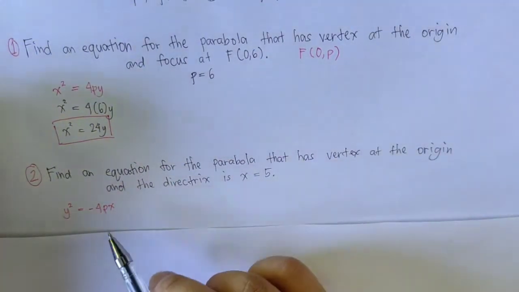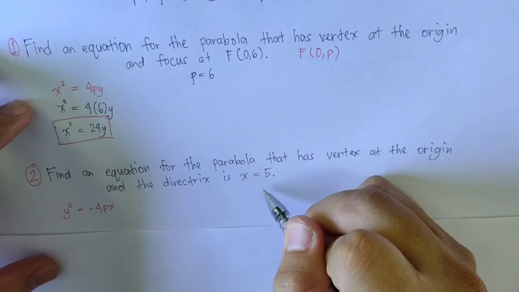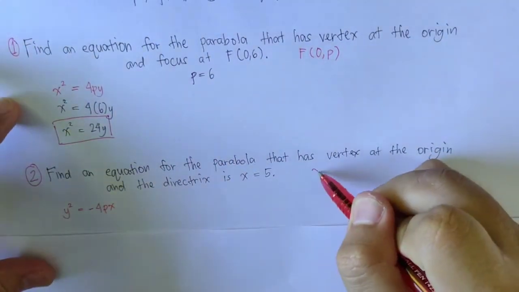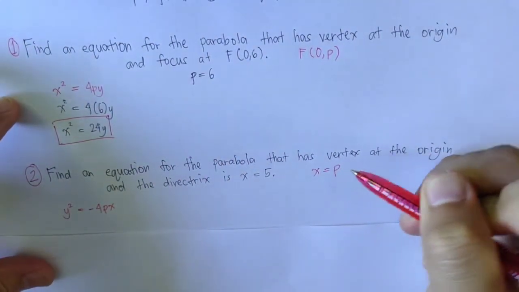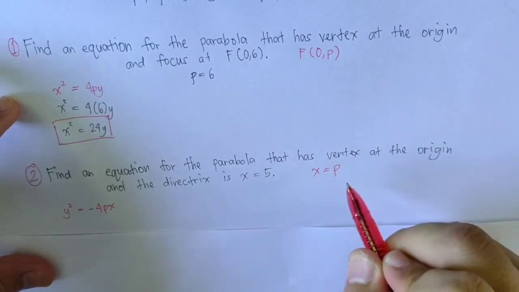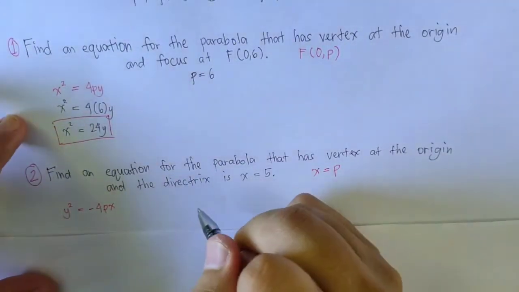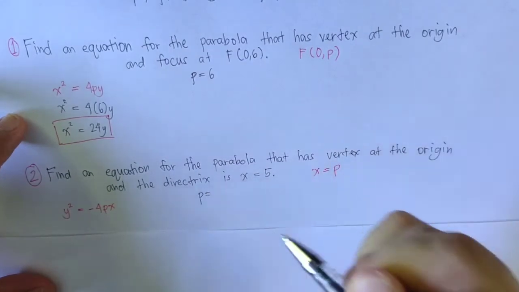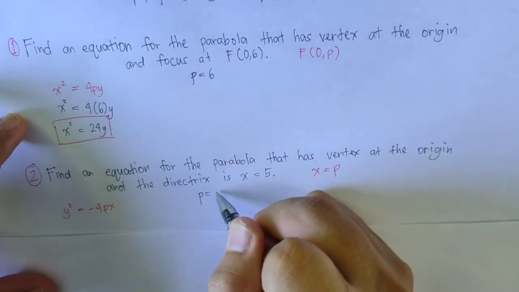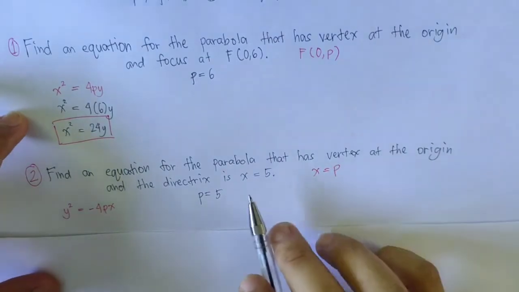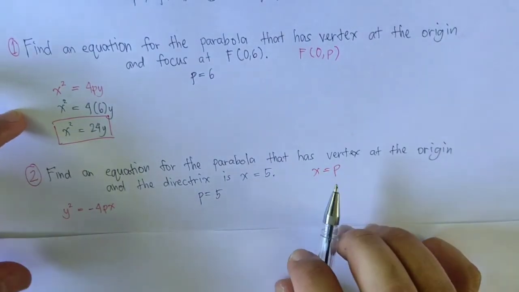Kasi, ang directrix ng equation na to ay x is equal to p. Since positive to, kailangan positive din yung p natin dito. So we can say that our p is equal to 5, kasi x is equal to 5 and x is equal to p.